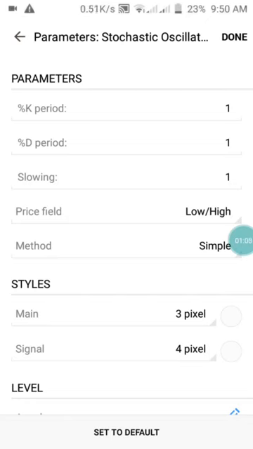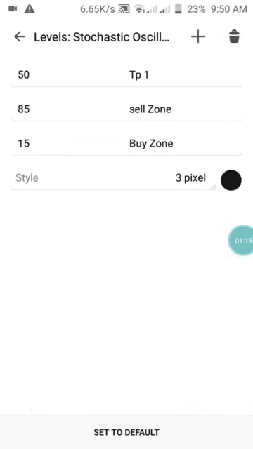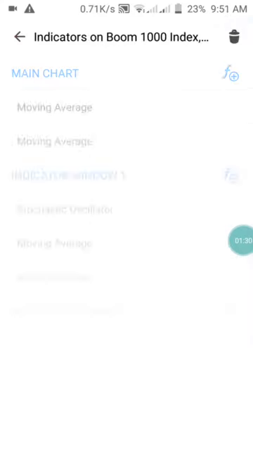We have our method to be simple. We have our style to be white here. You see that? So that will be the color of your background. And also we have different levels here where we have our 50, we have our 85, and we have our 15. That is the take profit one. We have the zone levels, we have the buy zone and sell level. You see that? So just set it up like this.